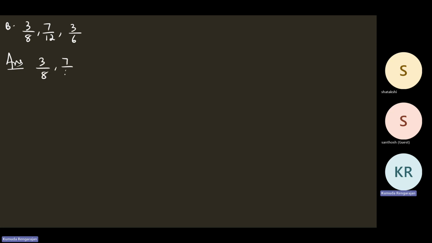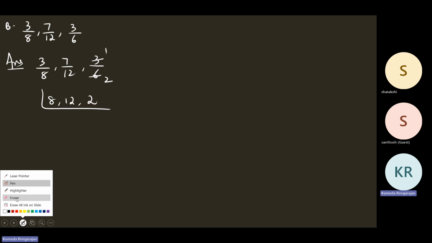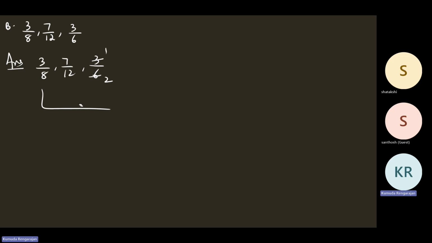3/8, 7/12, and 3/6. I wrote the question here. So this is the answer: 3 ones are 3, 3 twos are 6. So what's the LCM of 8, 12, and 2? 8, 12, and 2 we have to find. I always like to write it in order like this.